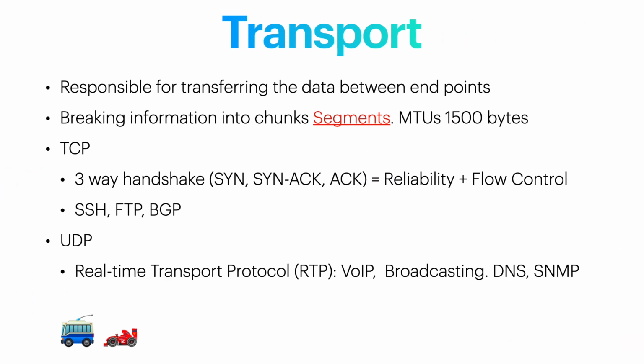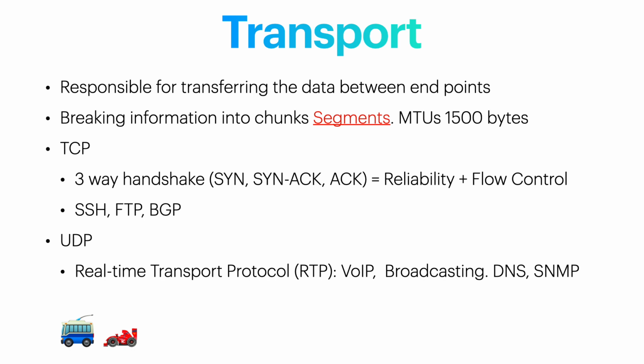Next we have the transport layer. The transport layer is the connection between both hosts, endpoints, computers, which allows us to move the information in between. If the data is too big, we will have to break it apart into different chunks, and those chunks are called segments.